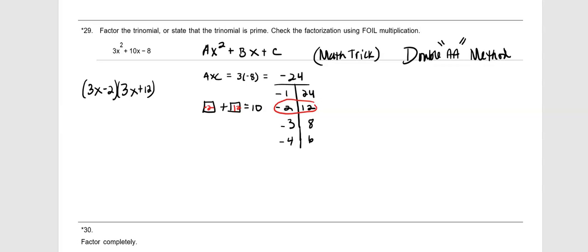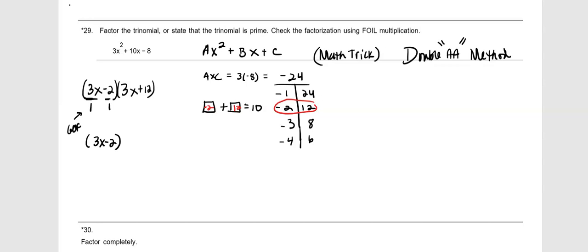And the next step is, in order to simplify these binomials, I must divide by the GCF. So the GCF of 3 and 2 is simply a 1. When I divide by 1, then of course I'm just left with that same binomial.